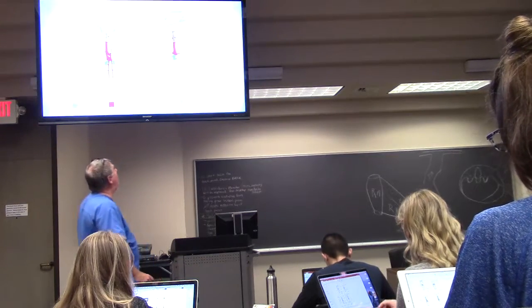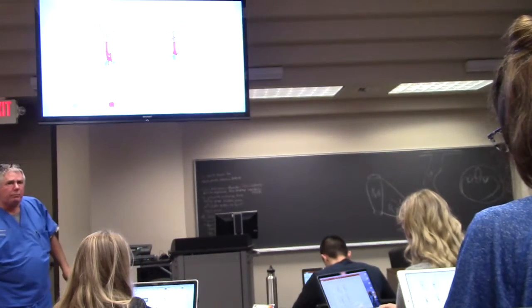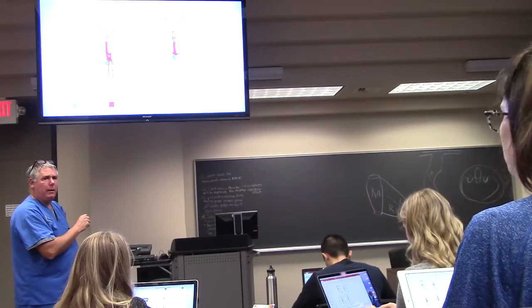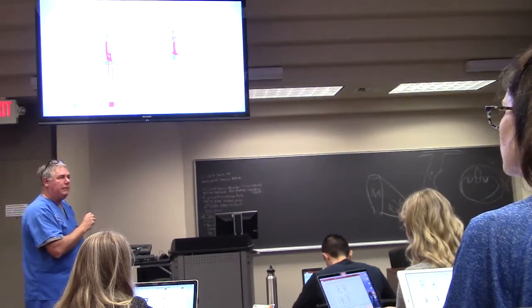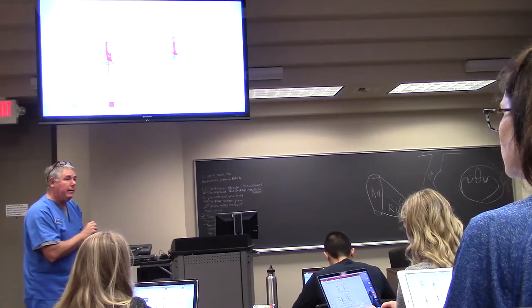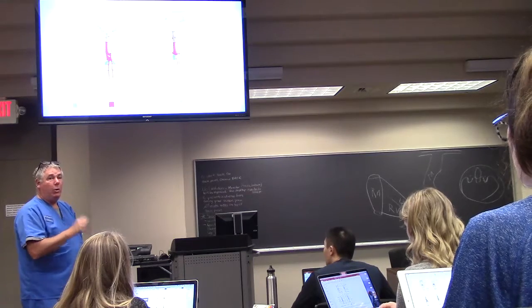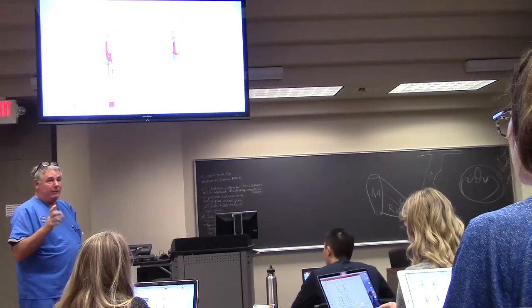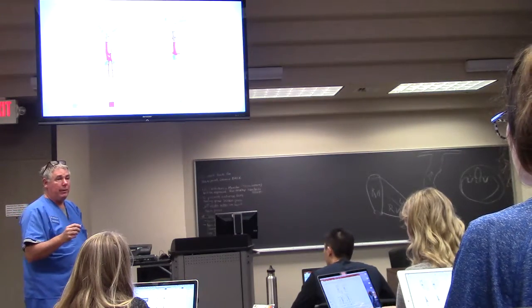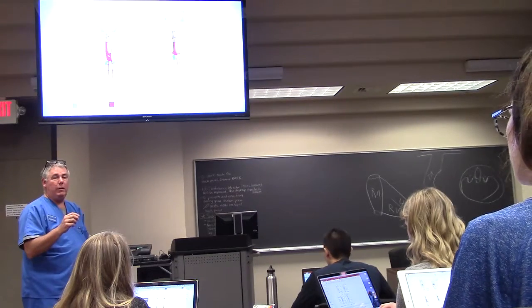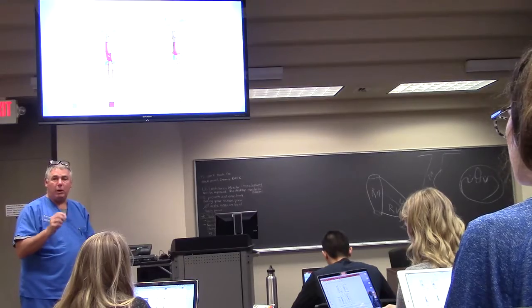A couple of points I want to make here. One is, this is incredibly complicated. And whenever you have things developmentally that are complicated, you introduce the likelihood that there's going to be a difference. It's not going to be normal. Congenital alterations are common.